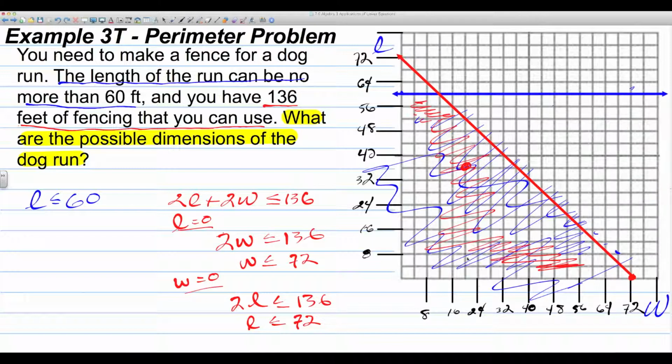In this case, W would be equal to 20 and the length would be equal to 36. So right there we'd have an ordered pair (20, 36). That would be one solution. Any of those would be a possible solution. So there's using linear inequalities to solve a perimeter problem.